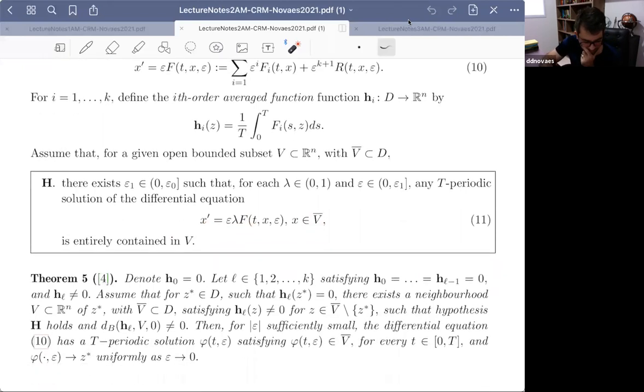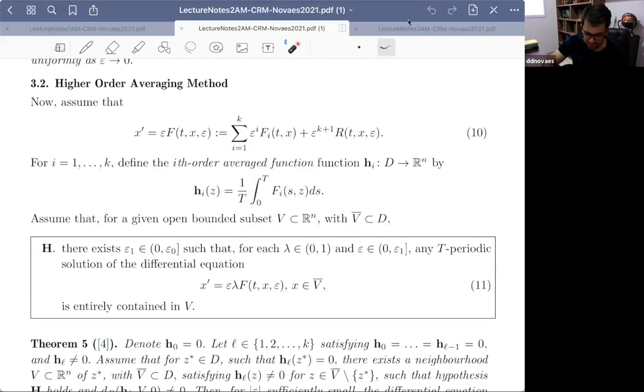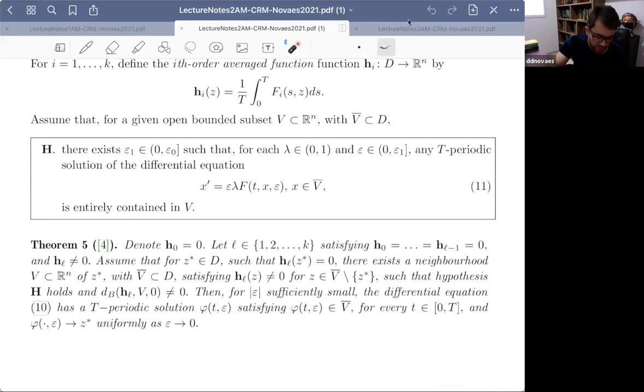So, for this kind of difference equation, we have the usual statement for the higher order averaging method. Denote h_0 equals 0 and let L be the index of the first non-vanishing averaged function. Okay, so h_0 up to h_{L-1} are equal to 0 and h_L is different from 0.